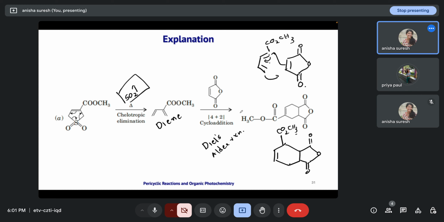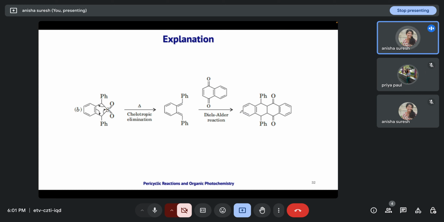Okay. Now coming to the second part. So here also a chelotropic elimination reaction is taking place. So the arrow pushing will be in this fashion. A molecule of SO2 will be eliminated, and it will result in the formation of this diene. So the diene is there, and this is the dienophile.